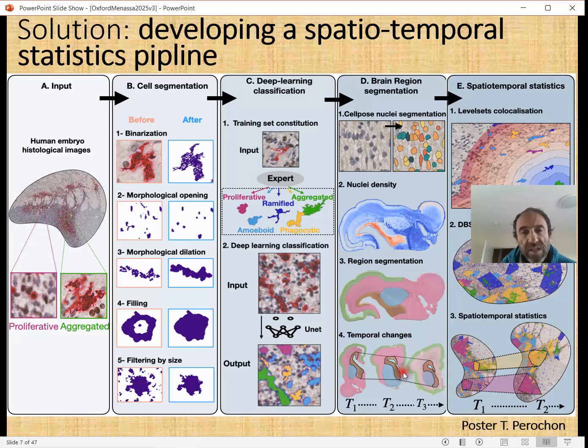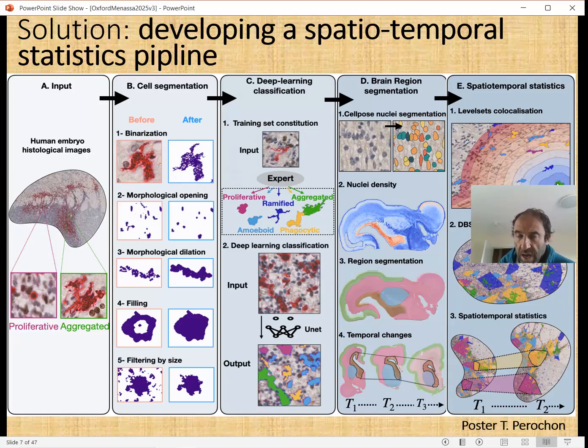And finally, this is the first step actually, and it's not enough to have done this image classification using deep learning. You would like to extract the statistics and have a full pipeline, so you can go from input to the output. And here we have 2 types of statistics.